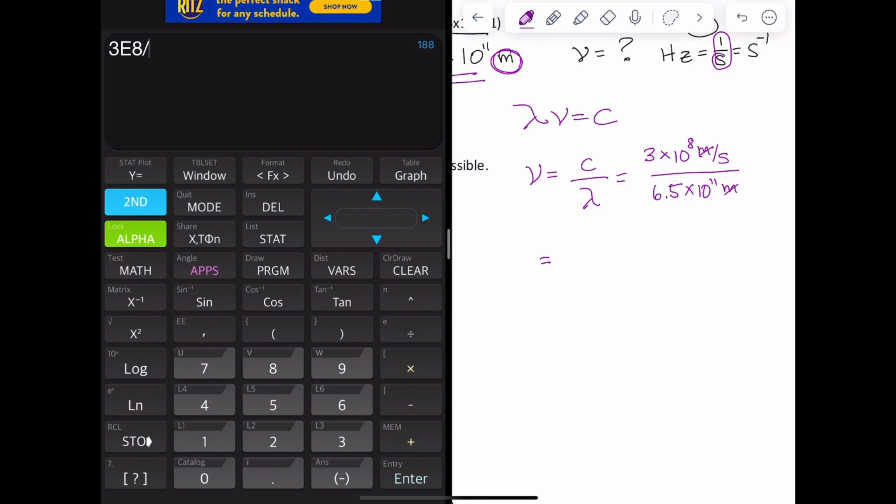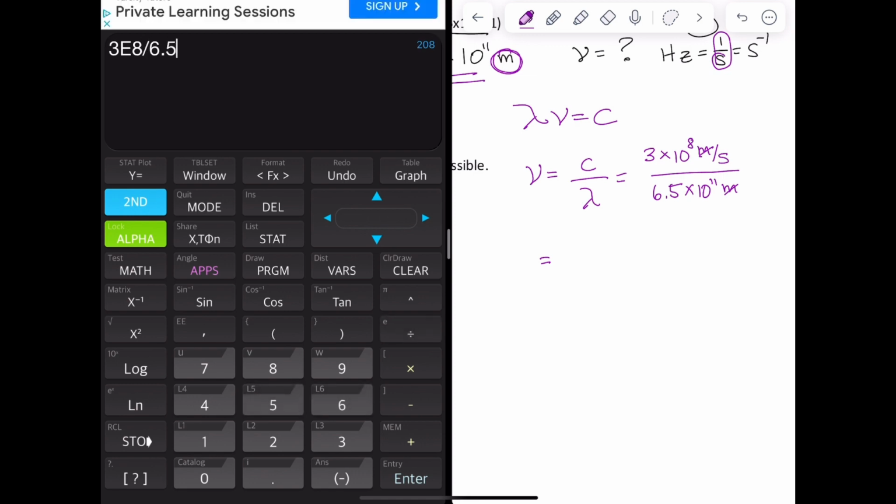And then I'm going to hit divided by 6.5. Again, my EE button is times 10 raised to the 11th. And when I do, I get this answer, 0.00461538... in hertz. All right.